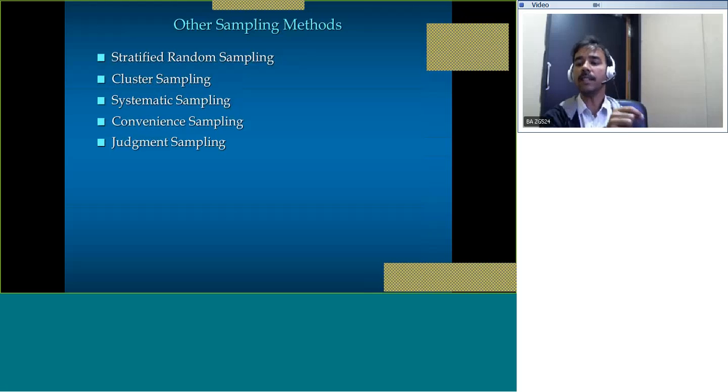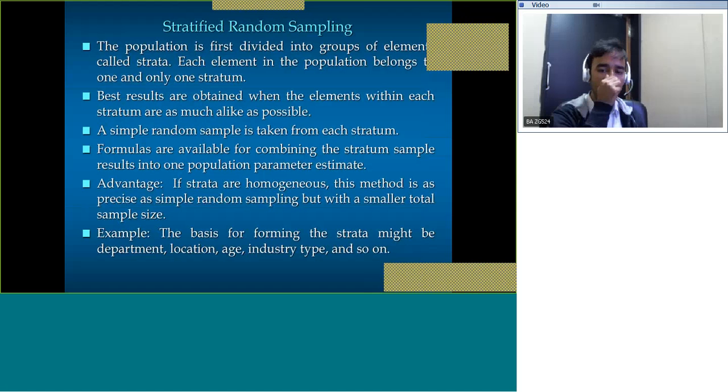Because the 7th unit deals with sampling and sampling distribution, so far we have only concentrated on simple random sampling to select samples. But other than this, you have these other methods. So what is stratified random sampling?